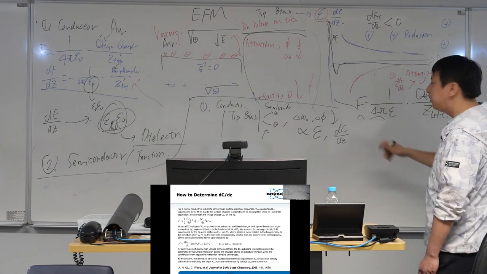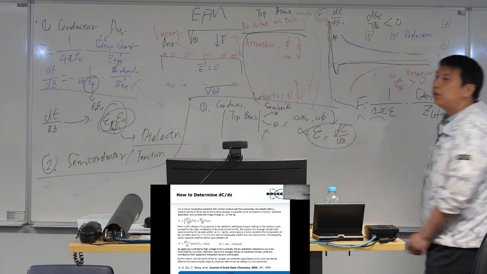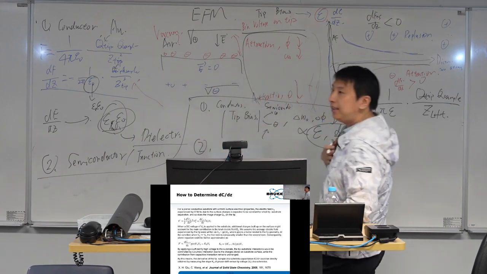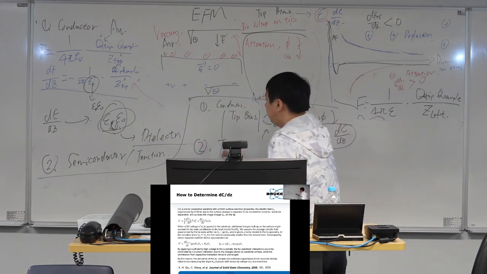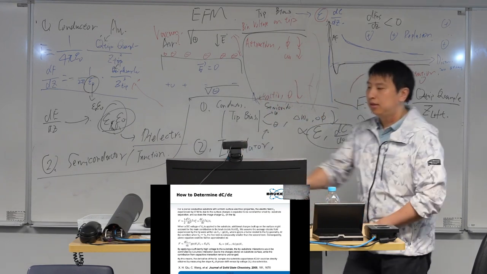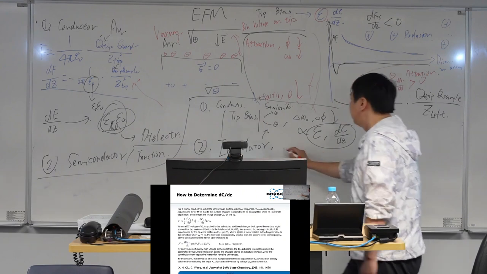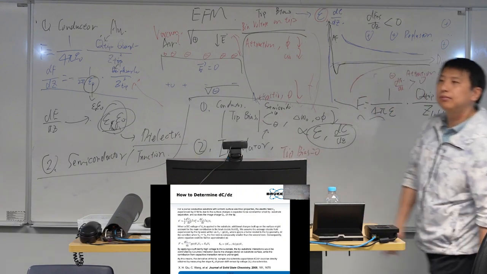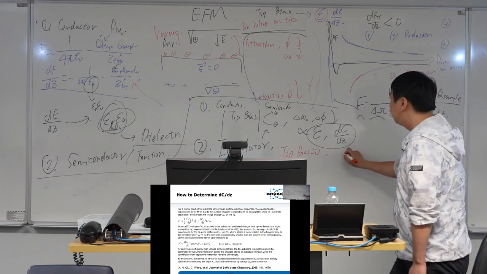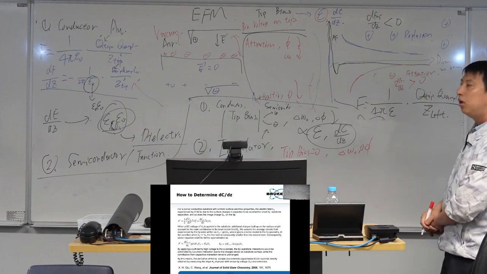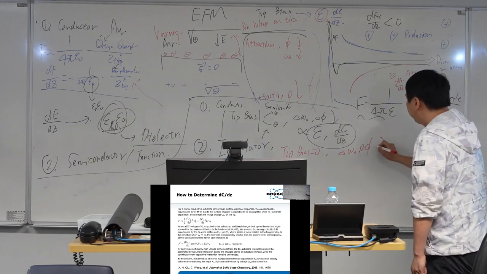And the EFM tells us dielectric property. Second, if I am studying the insulator, my tip bias will be 0. And the delta omega 0 or phase shift will be negative.